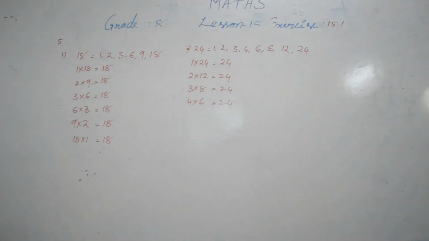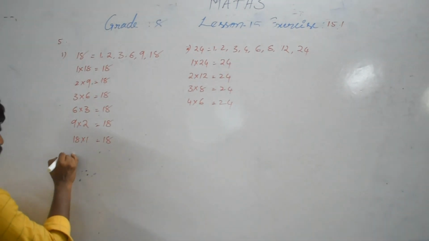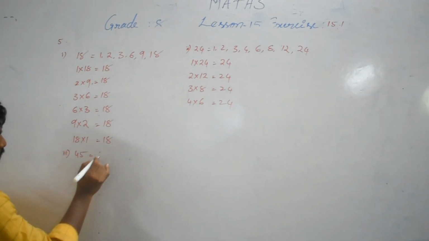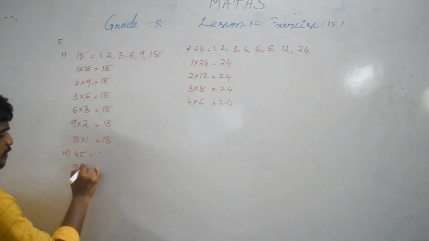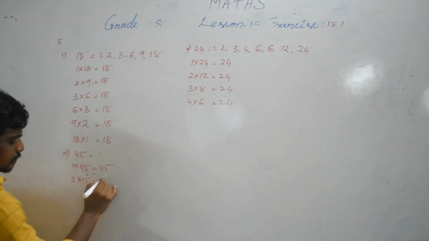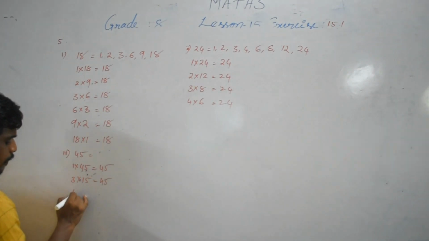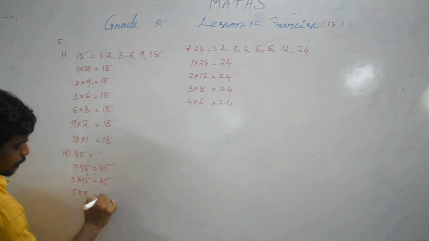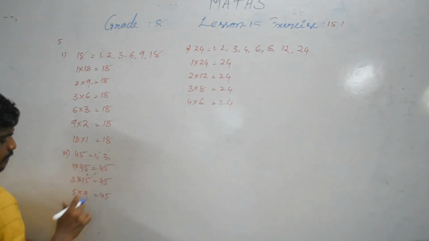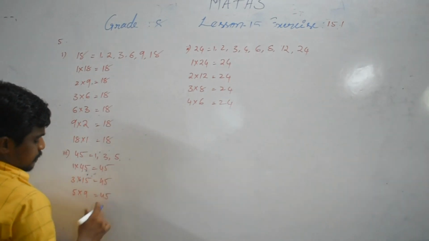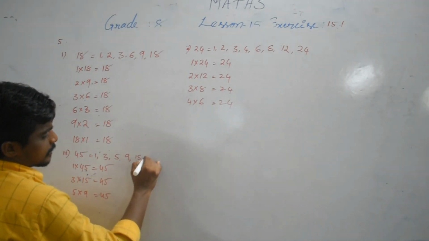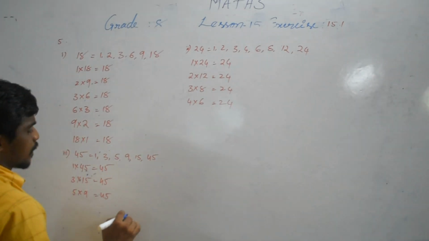Next, 45. 1 45 is 45, 3 15s are 45, 5 9s are 45. So 1, 3, 5, 9, 15 and 45 are factors.